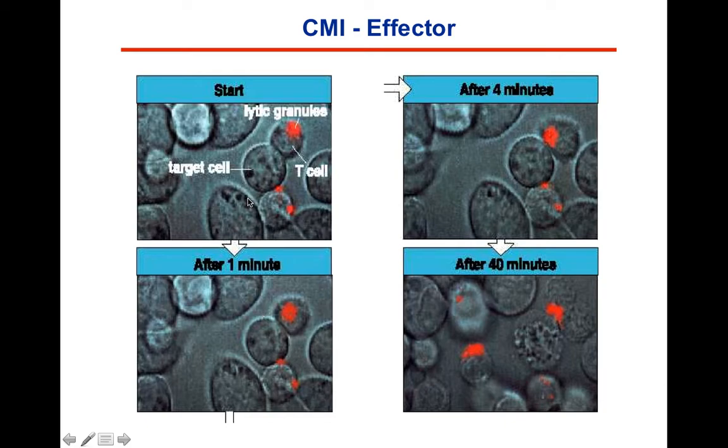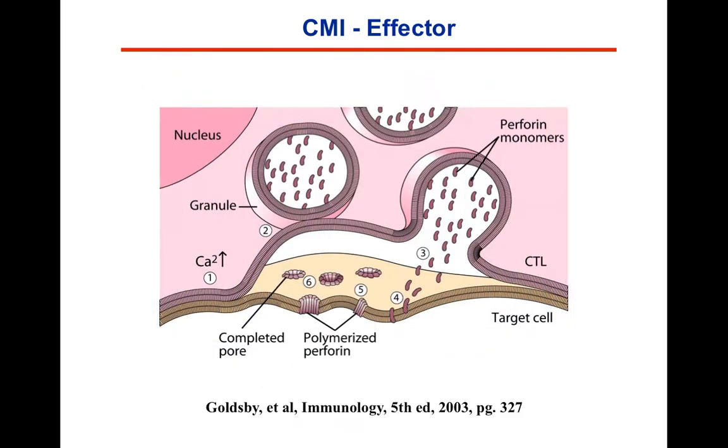Within 1 minute, you can see the granules moving across the cell, and they interact 4 minutes later with that surface. And then after 40 minutes, you can see the cells have started to undergo digestion or apoptosis and destruction in the presence of those enzymes.